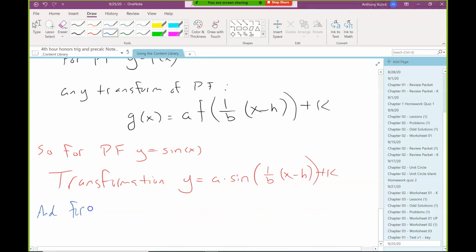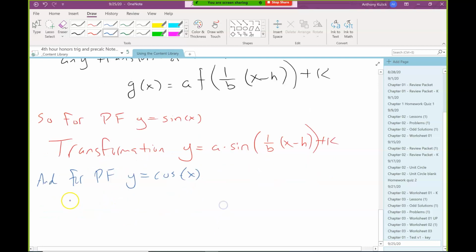And for cosine, that transformation would be y equals a times cosine 1 over b x minus h plus k.